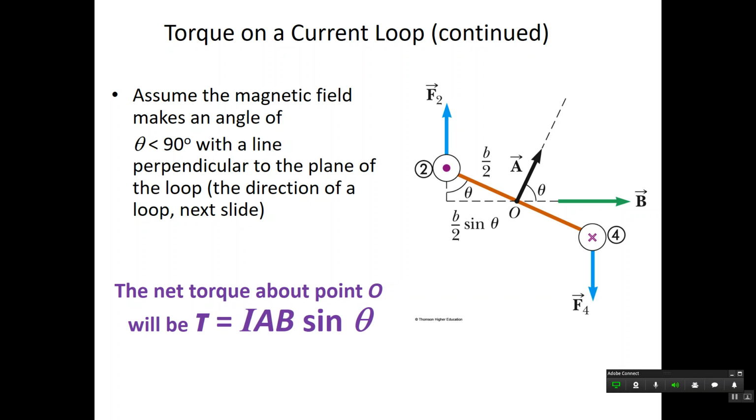Here, this is the current coming towards you, and here's the current going out of you. It's going to go like this. Here's your magnetic field. Which direction is the force going to be at this point here? This is current I, and this is current I.